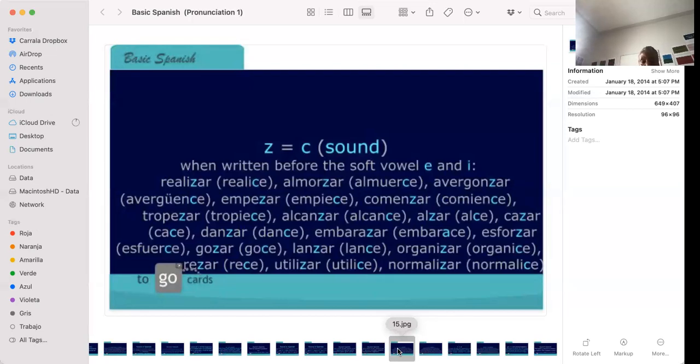So here we go. ZAR in the present subjunctive form, the Z becomes a C. And the C becomes the soft C sound. And the soft C sound in Latin American Spanish is S. In standard European Spanish it is the TH sound.